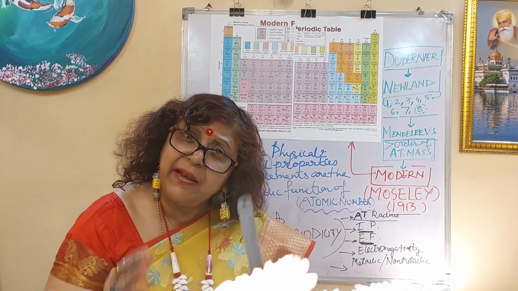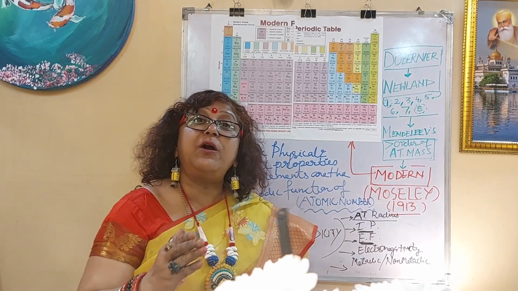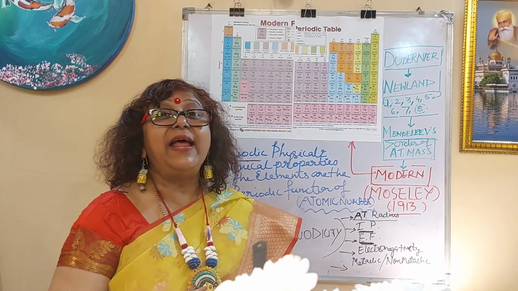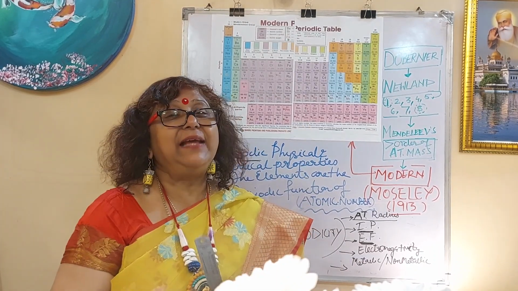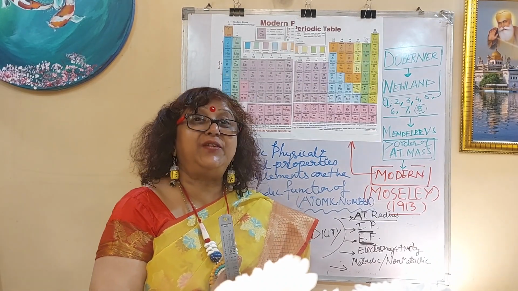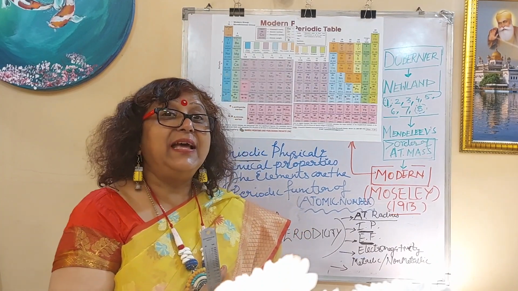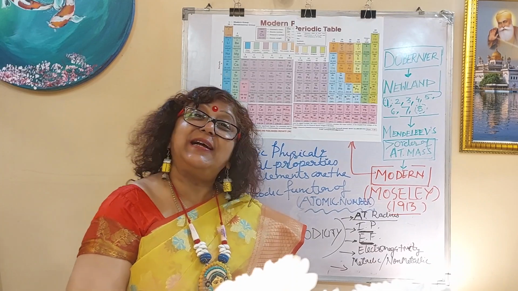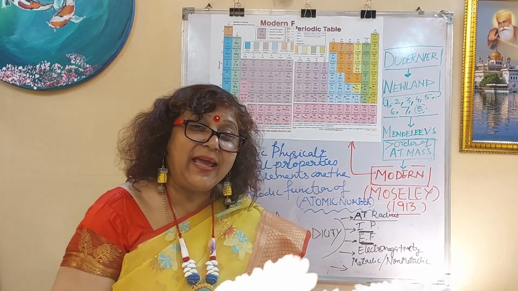But the limitations were there: he could not place the isotopes, the position of hydrogen was not clear, and he left certain gaps in the periodic table for elements to be discovered, which were later on discovered. He named those elements Eka-boron, Eka-silicon, Eka-aluminium.